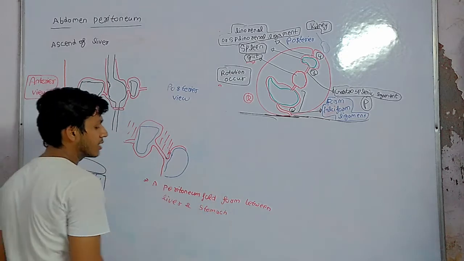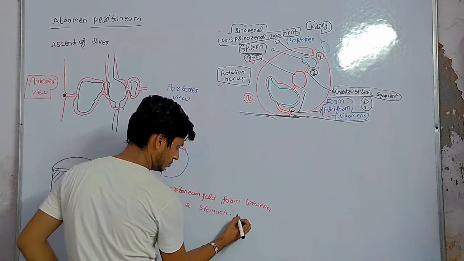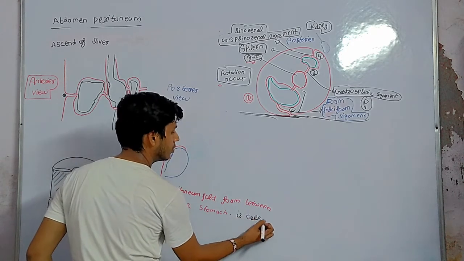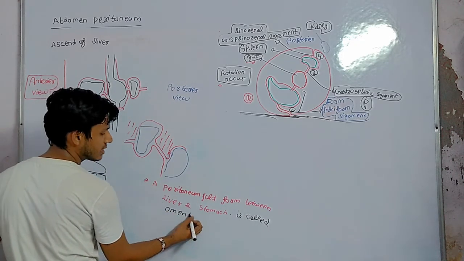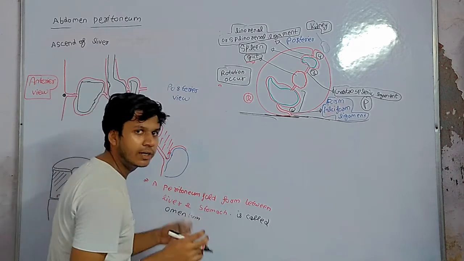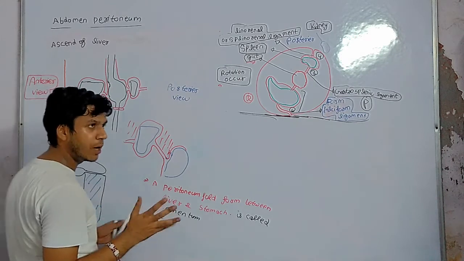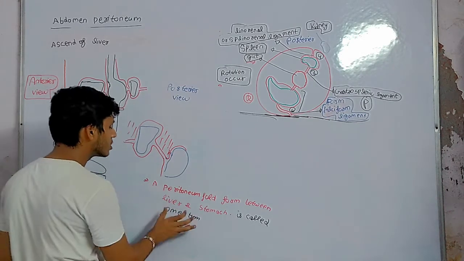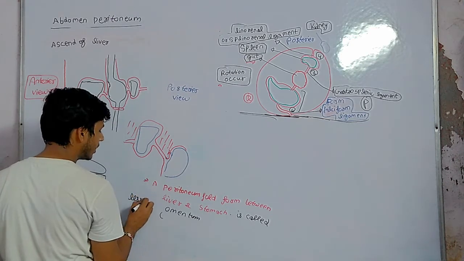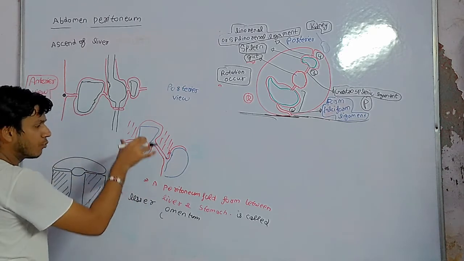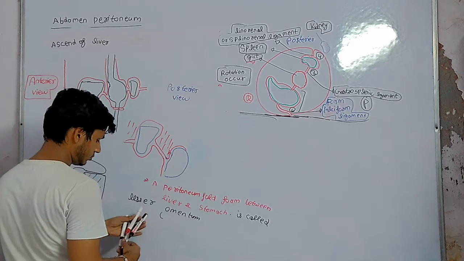So this curtain-like structure, which is a fold of peritoneum, is called omentum. Which omentum? Omentum is just a peritoneum fold which is related to stomach. Any peritoneal fold related to stomach, we use the word omentum. Which omentum? Lesser omentum, because it is smaller. One peritoneal fold is again formed from this, which is bigger. What is omentum?